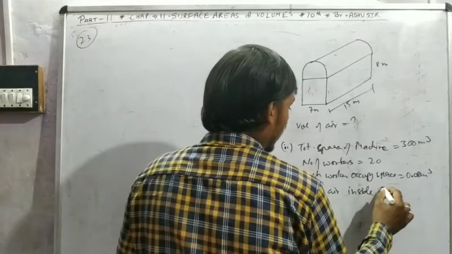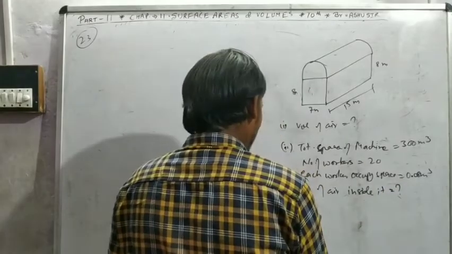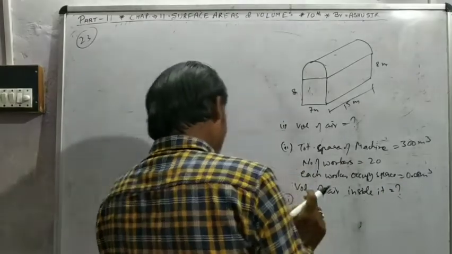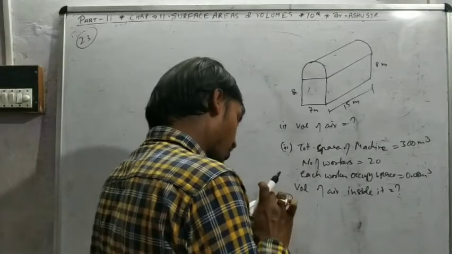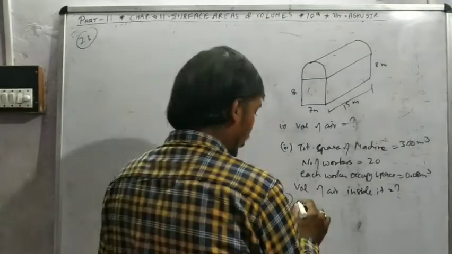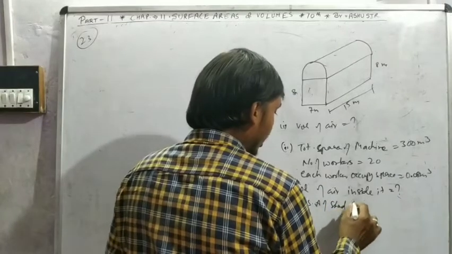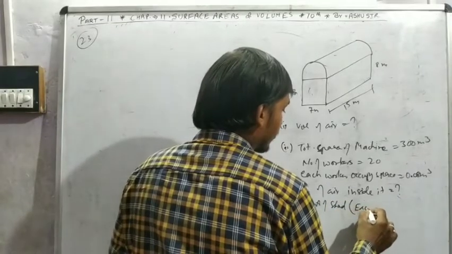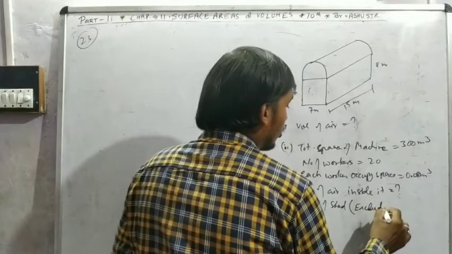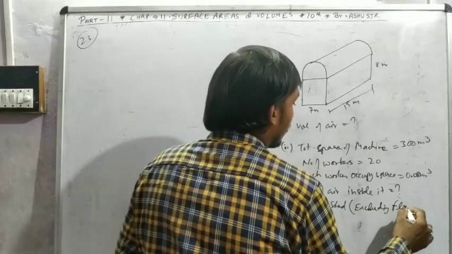And the third question is: find the internal surface area of the shed excluding floor. Total surface area of shed excluding floor.